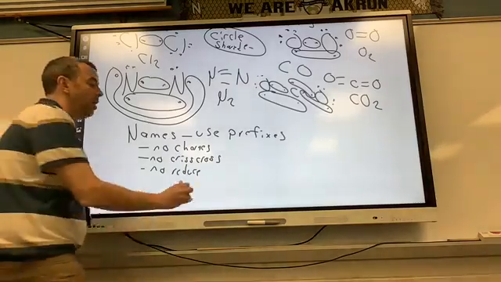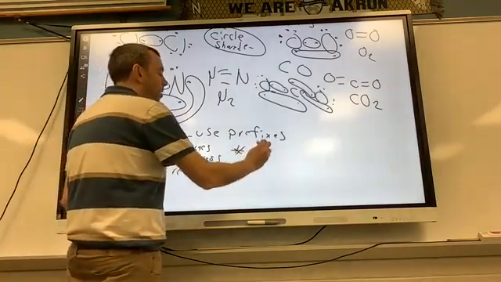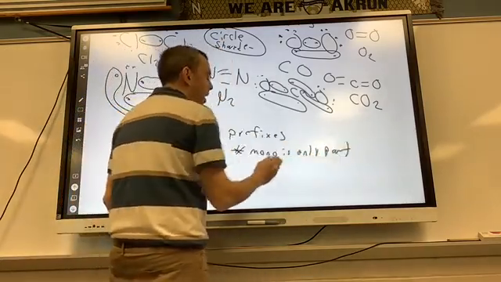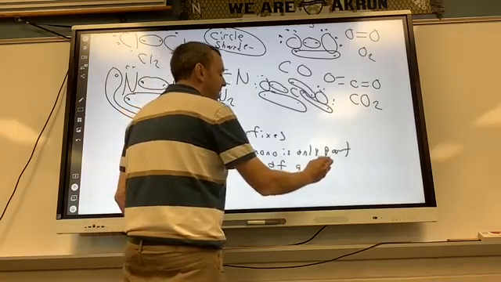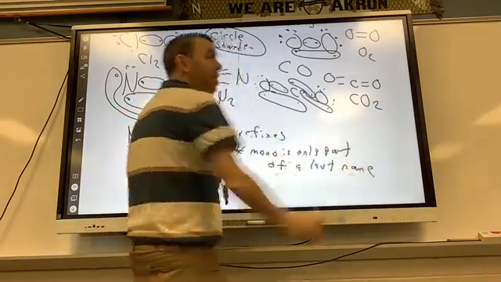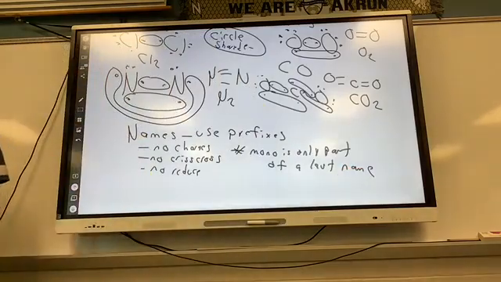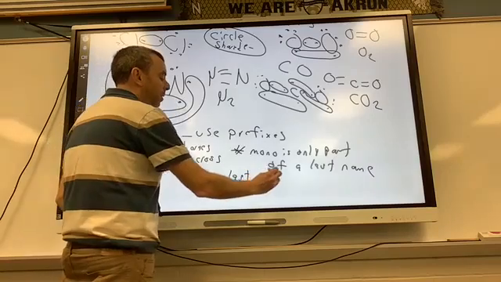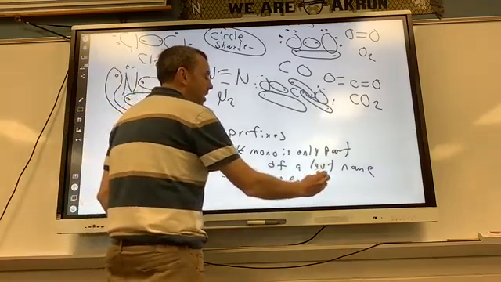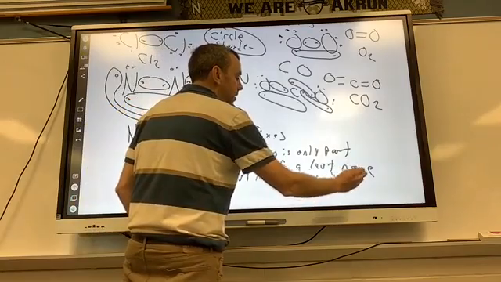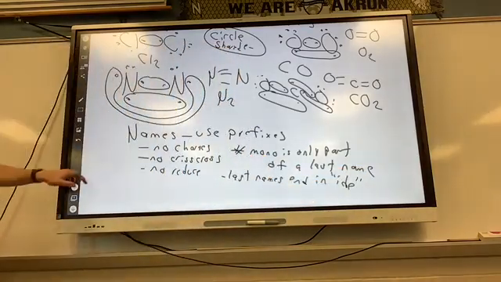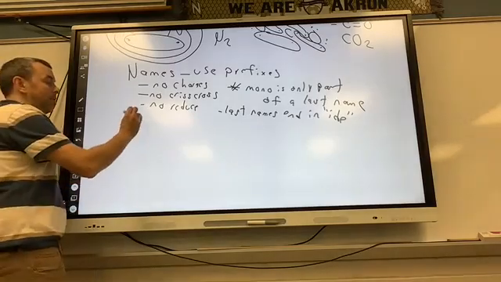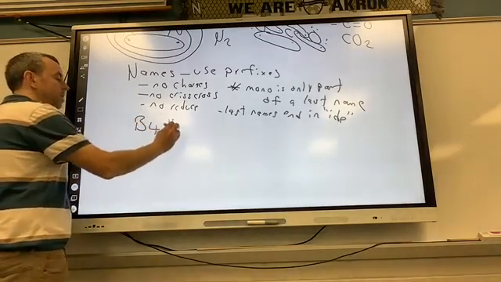The one thing you have to know is that mono is only part of a last name. So you'll never have mono as part of a first name. And once again, last names, guess what they're going to end in? Last names end in IDE. So these are super easy. You can see something like this: B4H2.